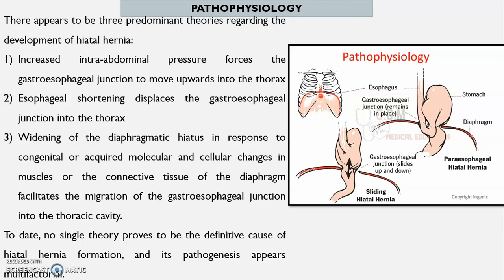Widening of the diaphragmatic hiatus in response to congenital or acquired molecular and cellular changes in the muscles or the connective tissue of the diaphragm. It facilitates the migration of the gastroesophageal junction into the thoracic cavity. To date, no single theory proves to be the definitive cause of hiatal hernia formation, and its pathogenesis appears multifactorial.